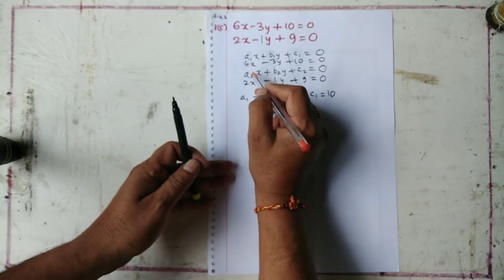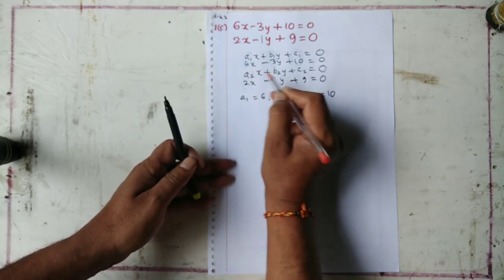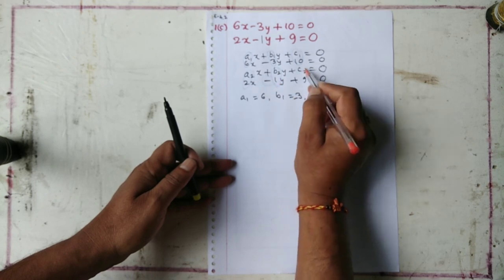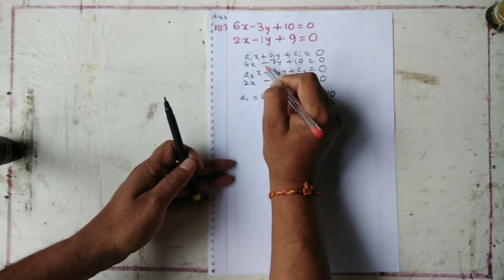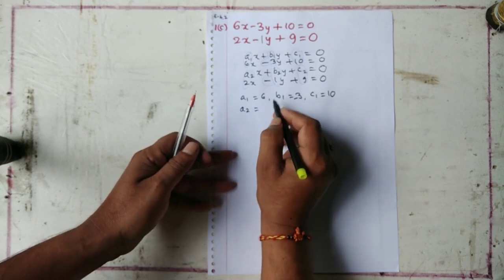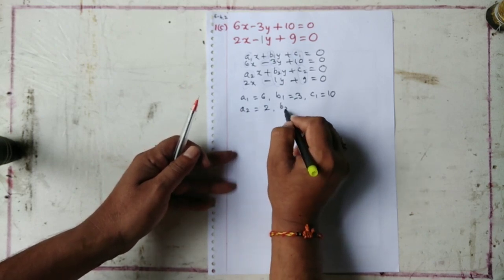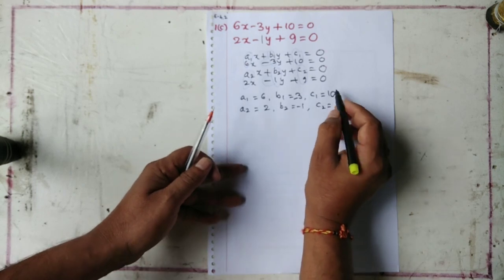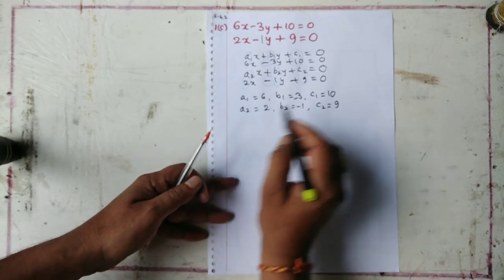On comparing, a2 is equal to 2, b2 is equal to minus 1, c2 is equal to 9.